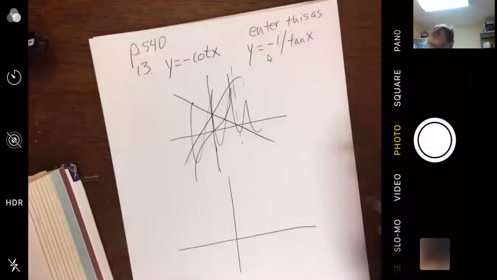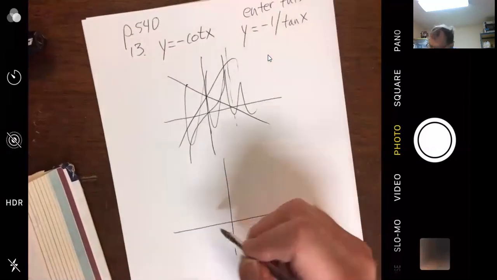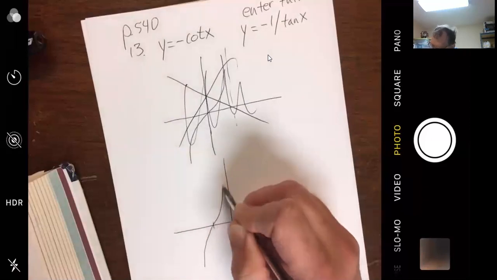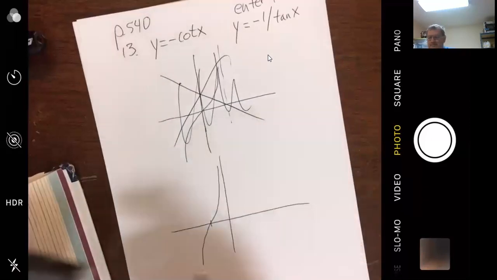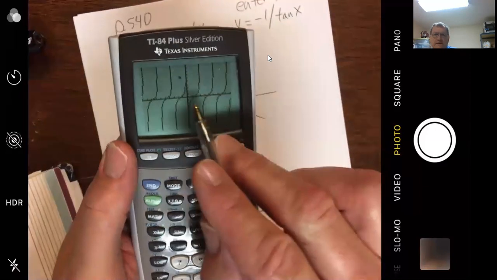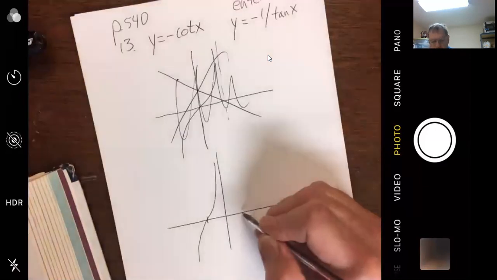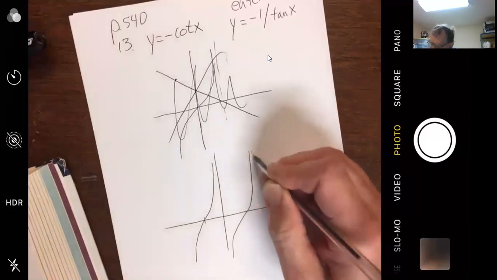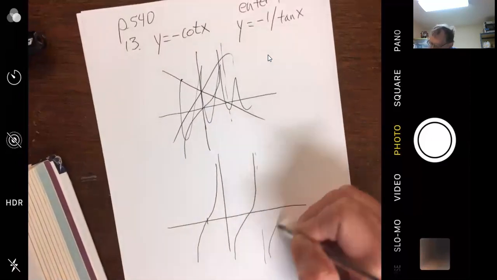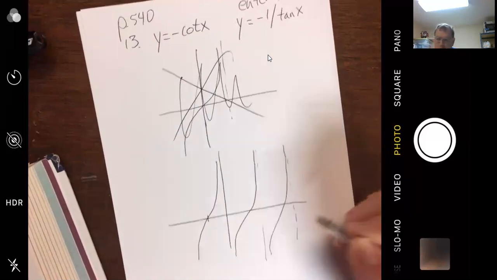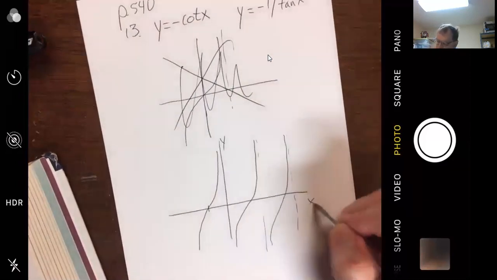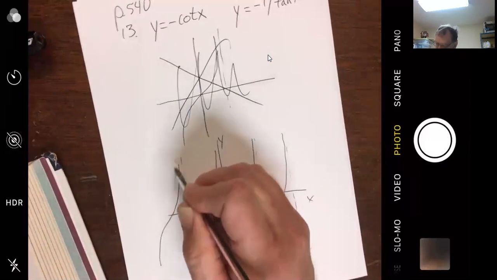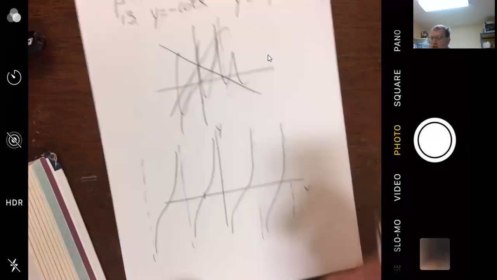Sorry about that. It goes over here and approaches the y-axis, and then it approaches the negative y-axis, doing this. You can draw in the asymptotes, and then it does another one. Here's the y-axis, the x-axis, and then one in this direction. There's no real set number on how many to draw.